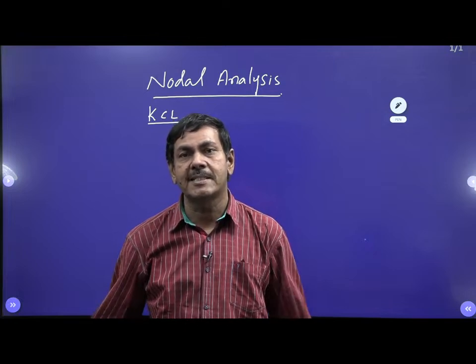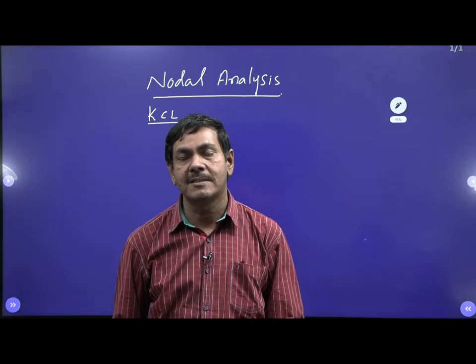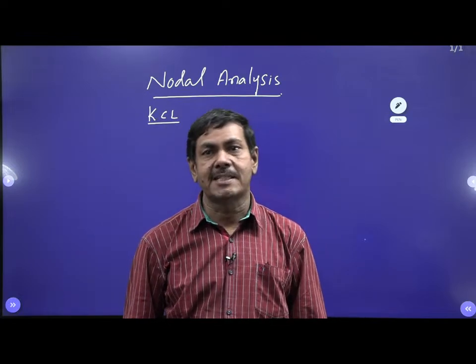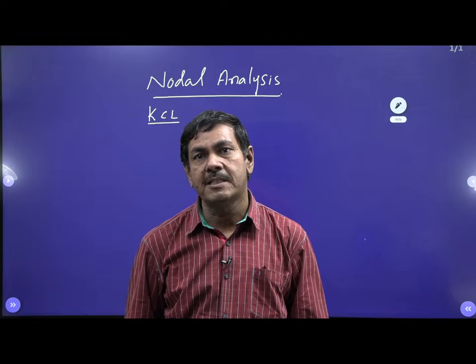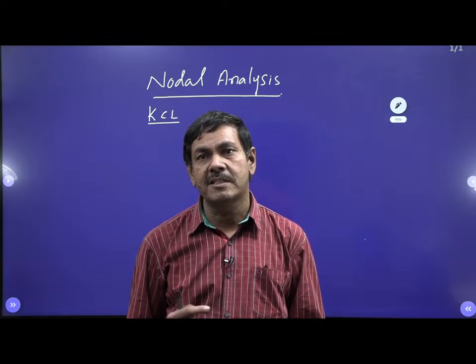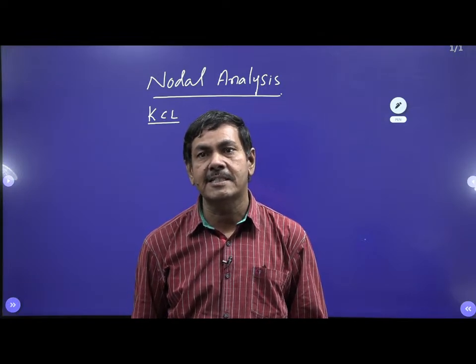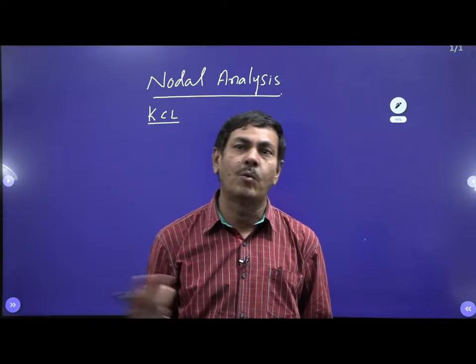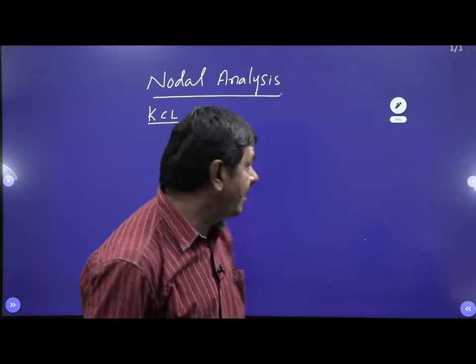If a node is formed by at least three branches onwards, we can say it is a principal node. At least three means minimum three. Three or more is required. We can define it like this at first.